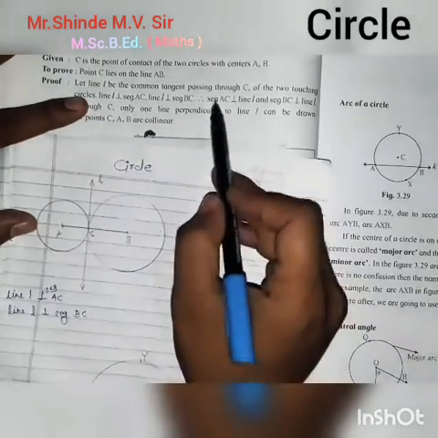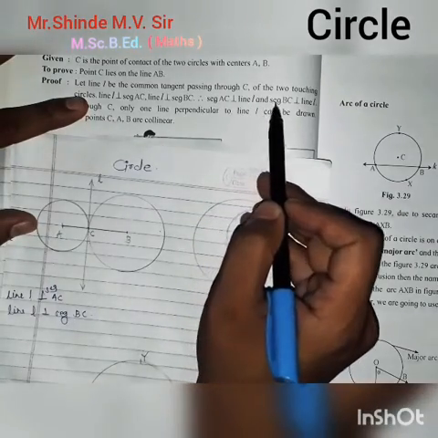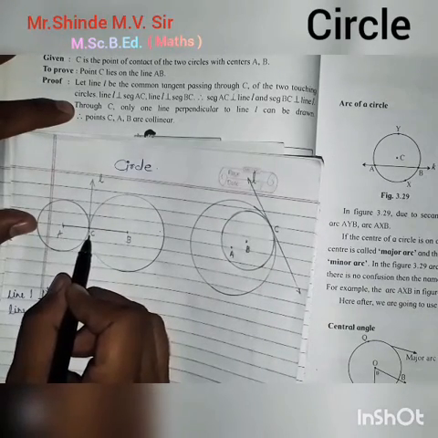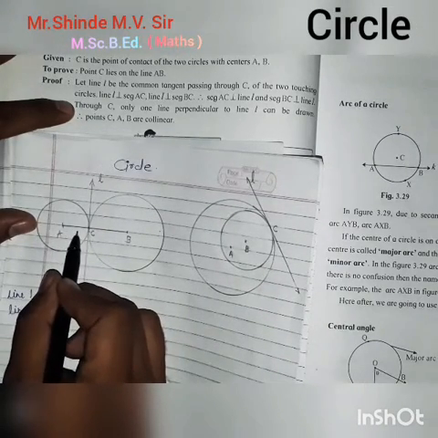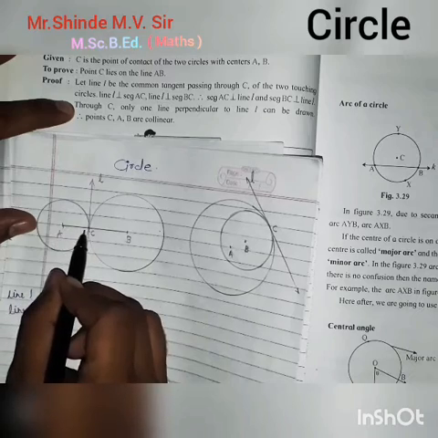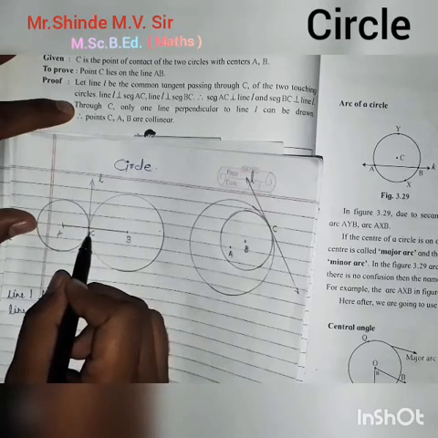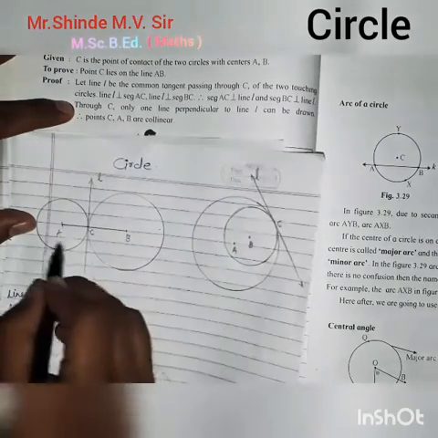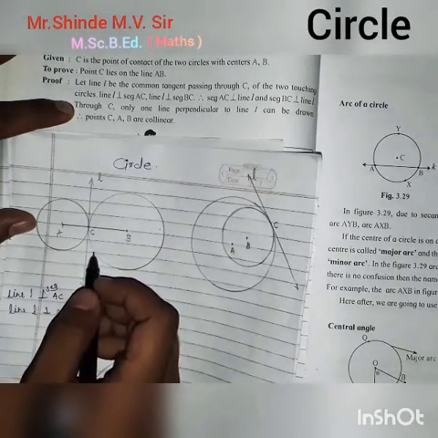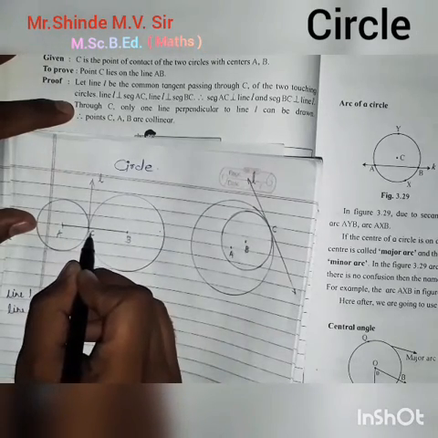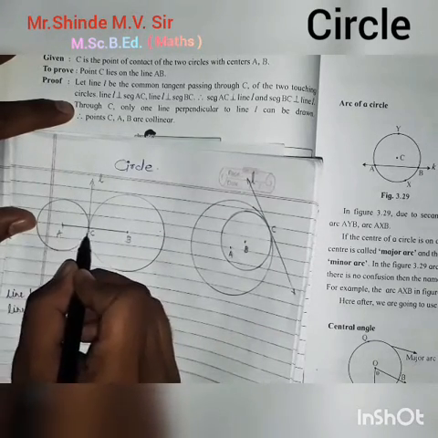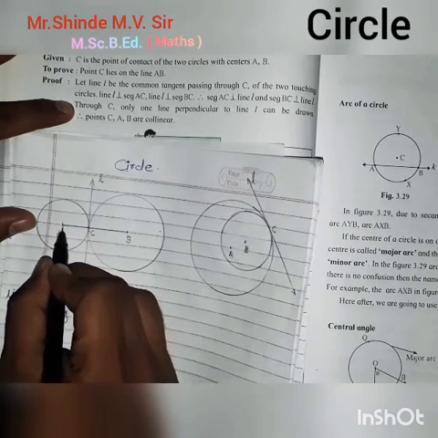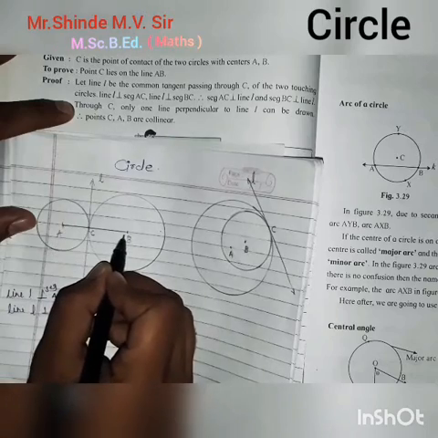Hence segment AC is perpendicular to line L and segment BC is perpendicular to line L. C is the common point, so only one line perpendicular to line L can be drawn through C. Points A, C, B are collinear, so point C lies on the segment AB.